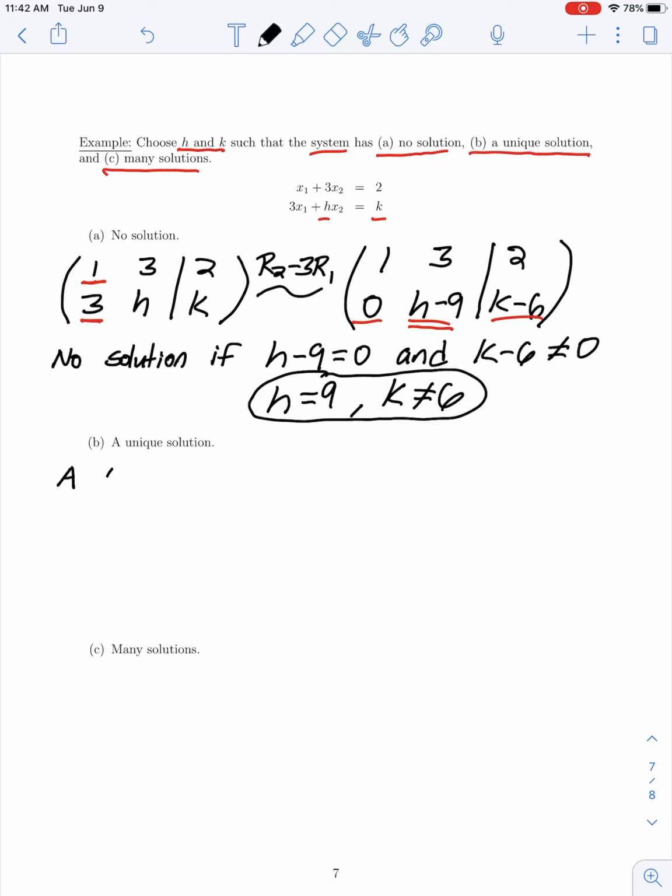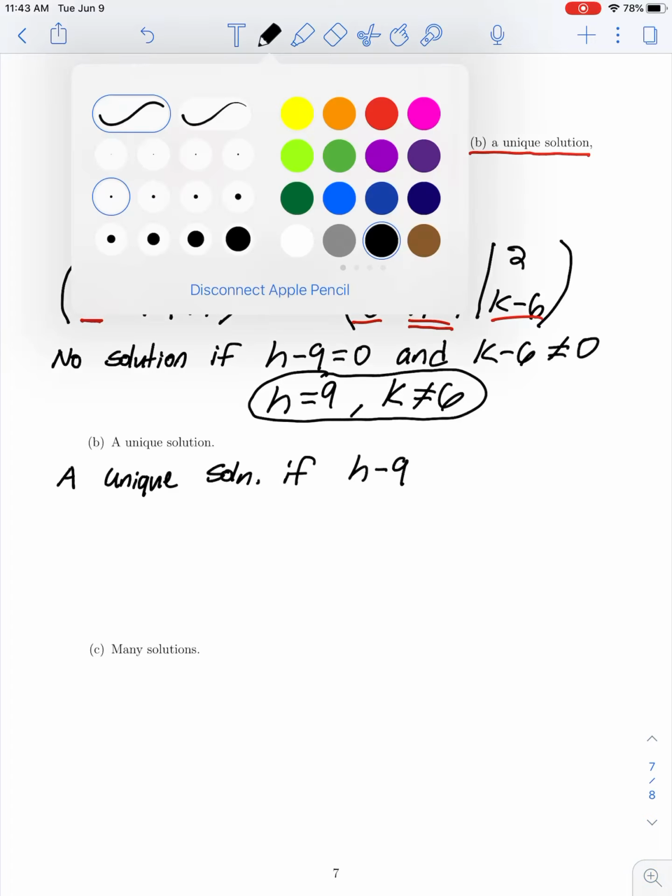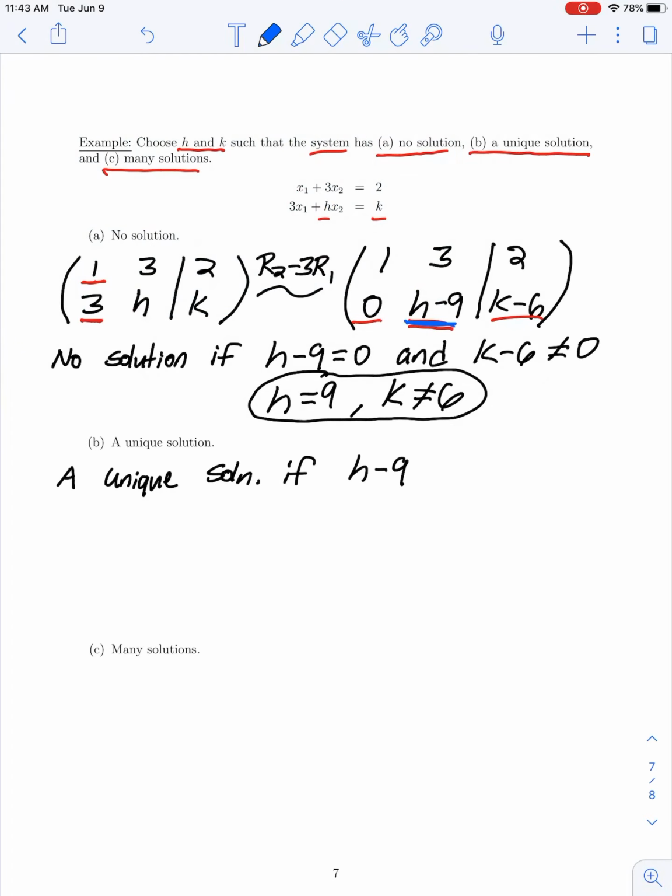So we will have a unique solution if, well, first off, a solution better exist. So my last row can't be of the form 0, 0, b, some non-zero constant.